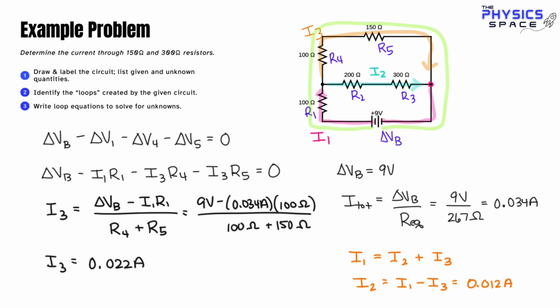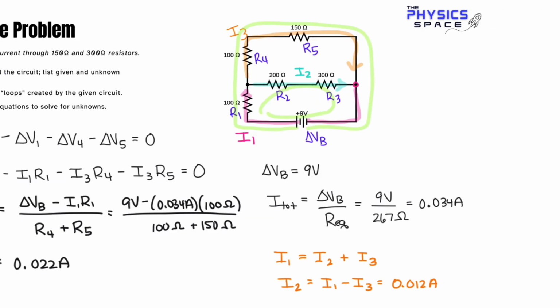We could also use a loop rule. It would be just a little bit of a longer way to do that. But let's take a look here. If you were to write a loop rule equation for the loop here, for this inside loop, which would contain the branch that I2 goes through, we could write that as our battery voltage minus I1 R1 minus I2 R2 minus I2 R3, setting that equal to 0.